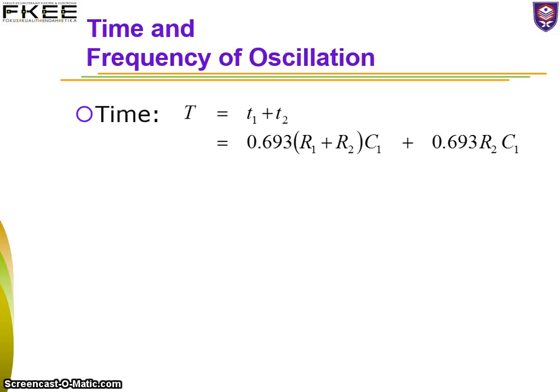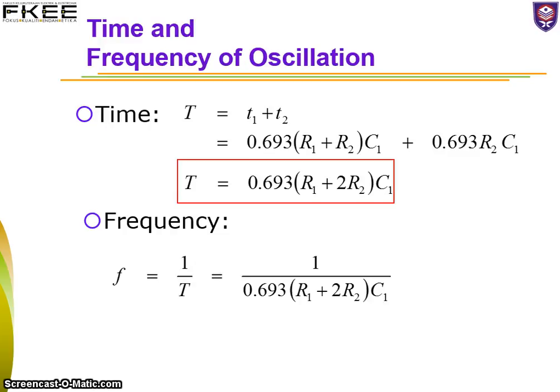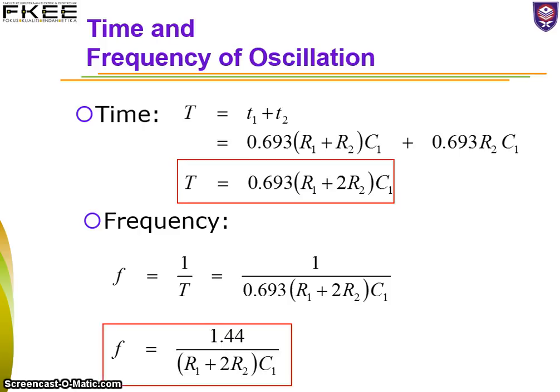We have found T1 and T2 just now. Combining that, the time for one period will be 0.693 (R1 plus 2 R2) multiplied by C1. The frequency of oscillation, F, which is 1 over T, will simply be 1 over 0.693 multiplied by (R1 plus 2 R2) multiplied by C1, or it is 1.44 over (R1 plus 2 R2) C1.